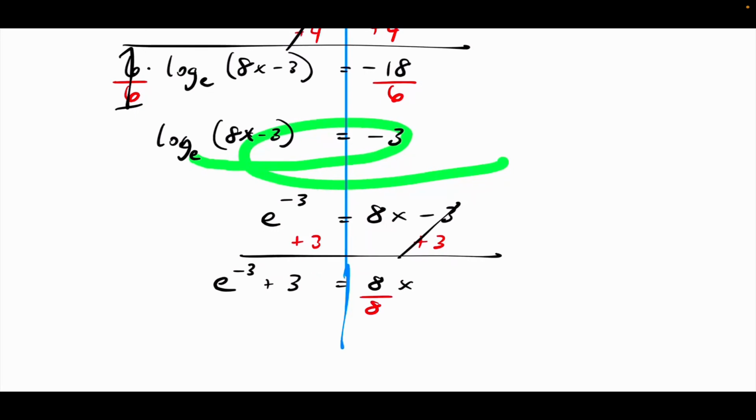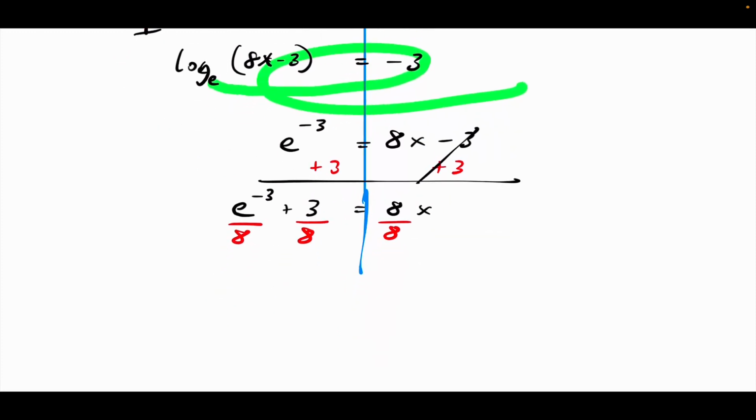Divide by 8. Divide by 8. Divide by 8. E I can't divide by 8. 3 and 8 can't be reduced, so leave them. E to the negative 3 divided by 8 plus 3 over 8 equals x.